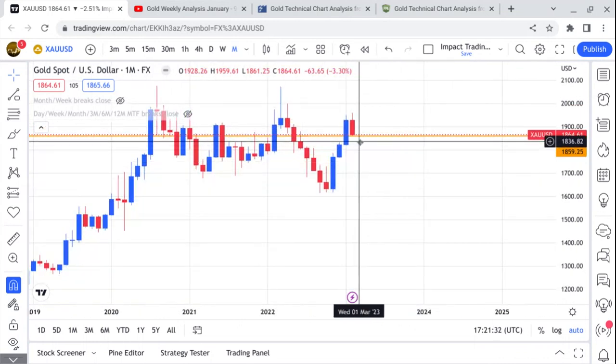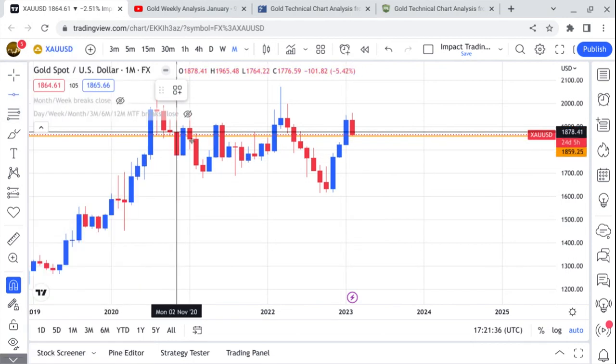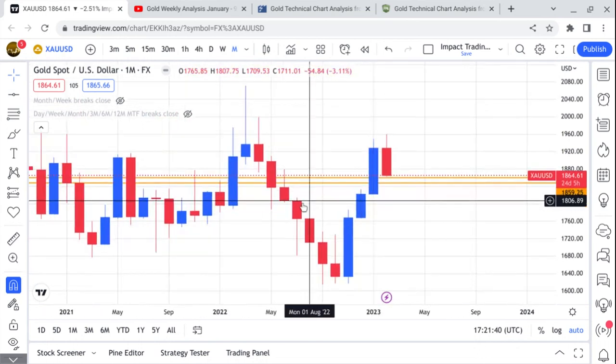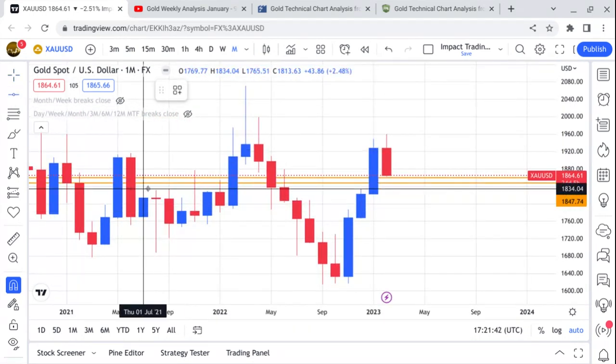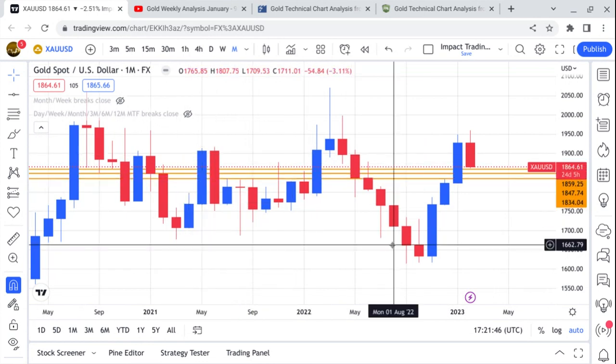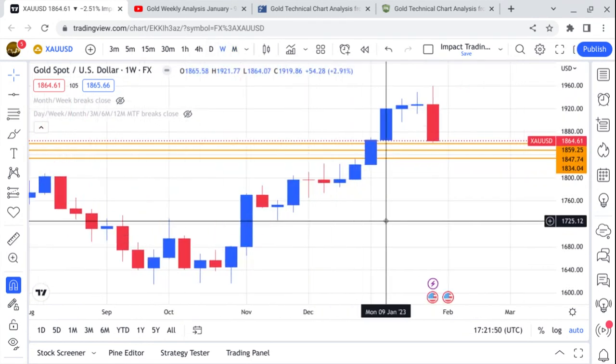So we may get a move down into these levels here, and then we'll post another video for our weekly plan as we can follow the story of price through these levels here. All right, be a consistently profitable trader.